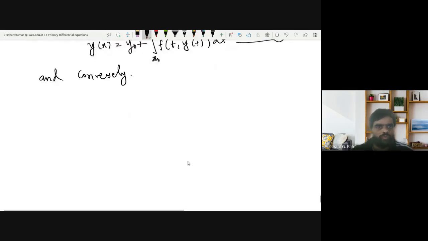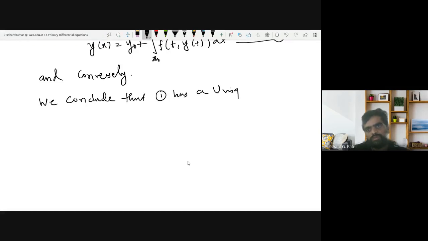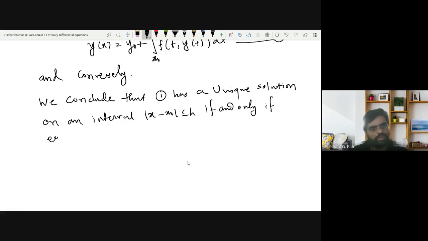So we conclude that equation 1 has a unique solution on an interval mod x minus x0 less than or equal to h if and only if equation 2 has a unique solution on the same interval.